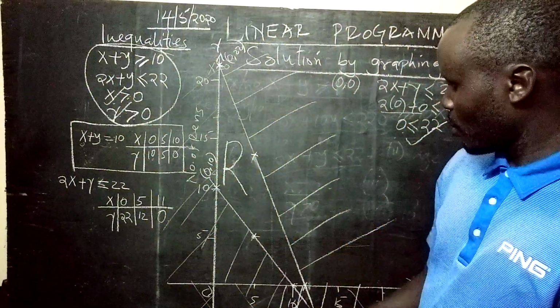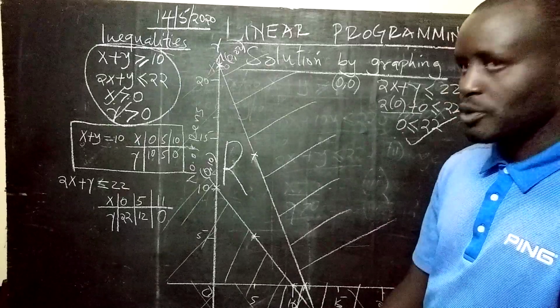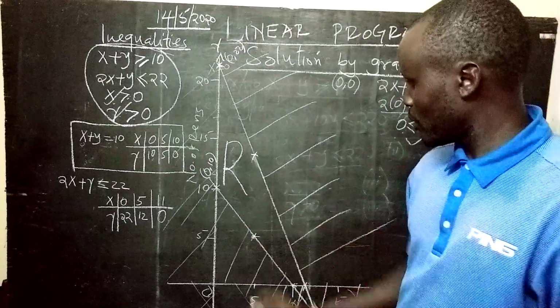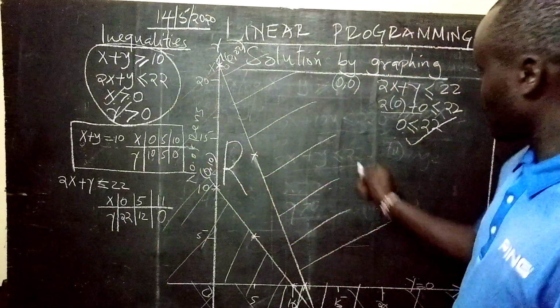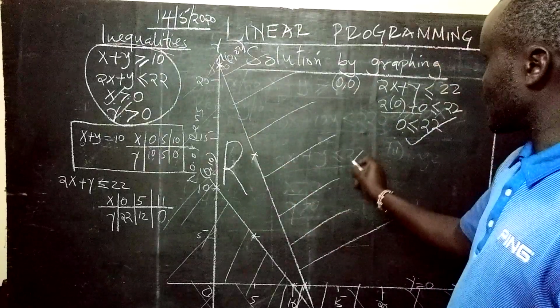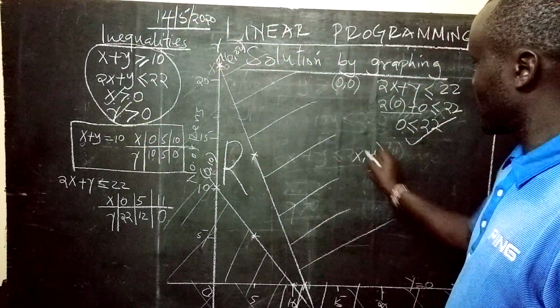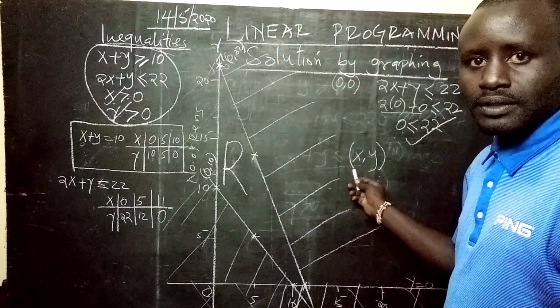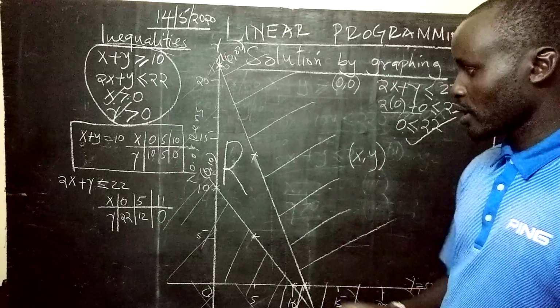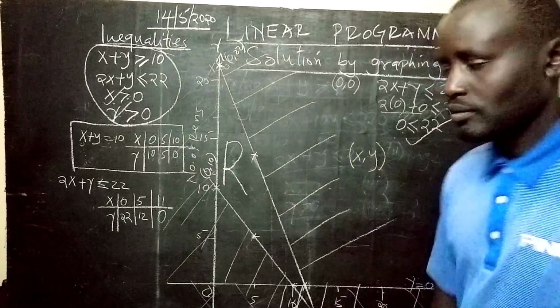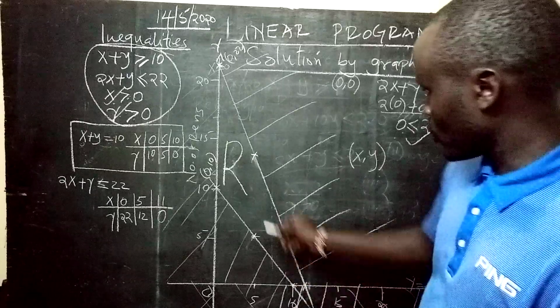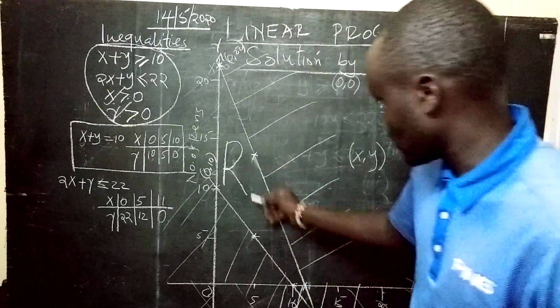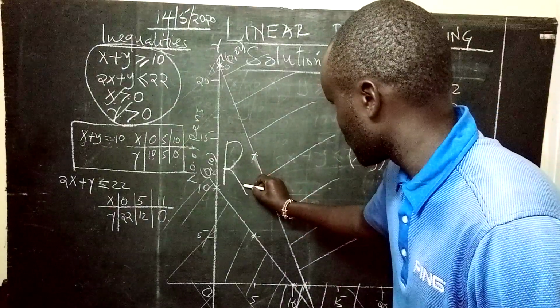Now, how many points are you able to see in this region? Remember that the points are given as x, y, where x is the x coordinate and y is the y coordinate. Like for example, if you pick any point, let's take this point.